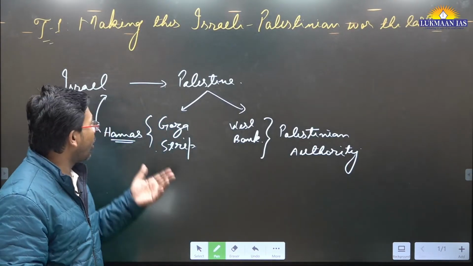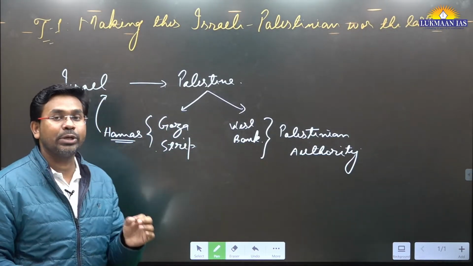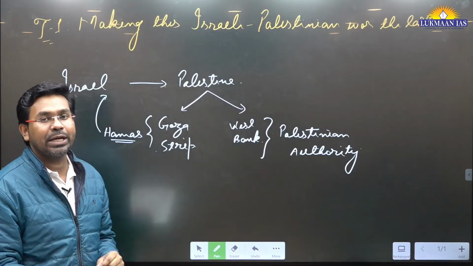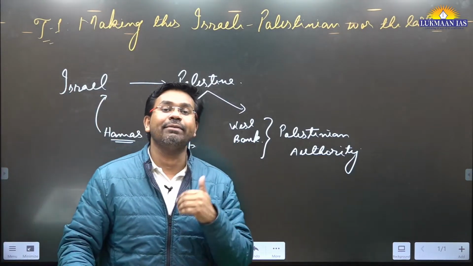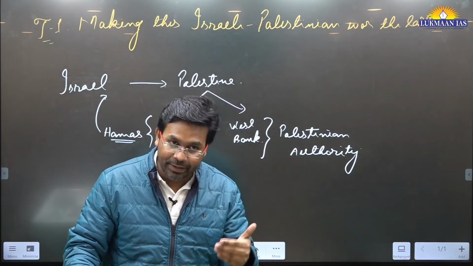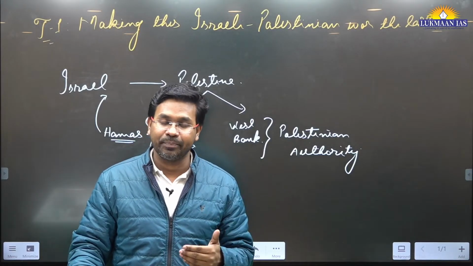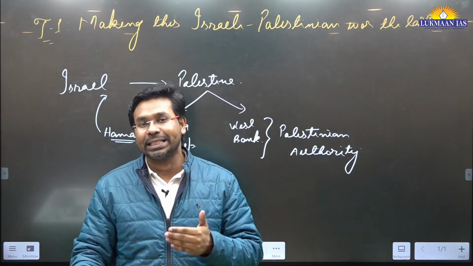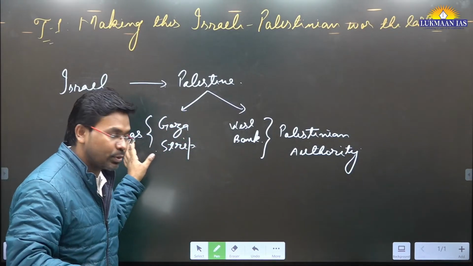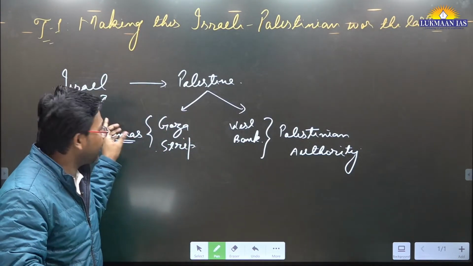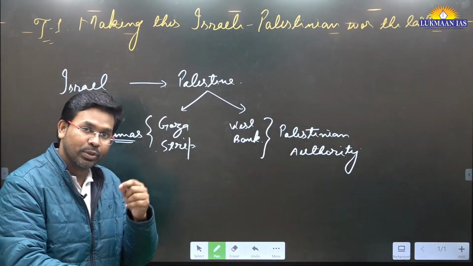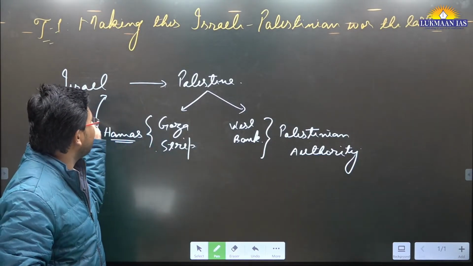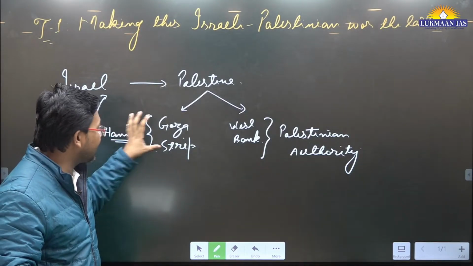Under international law, Israel has a right to retaliate. Not only a right to retaliate, there is a right of self-defense. The self-defense that Israel has should be proportionate to the attack that happened on Israel in the first place. But what is happening? It's been more than a month that Israel is recklessly attacking the Gaza Strip.